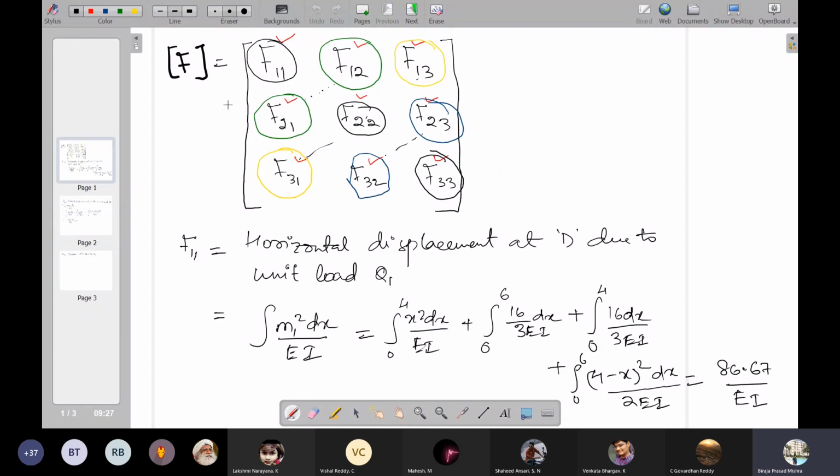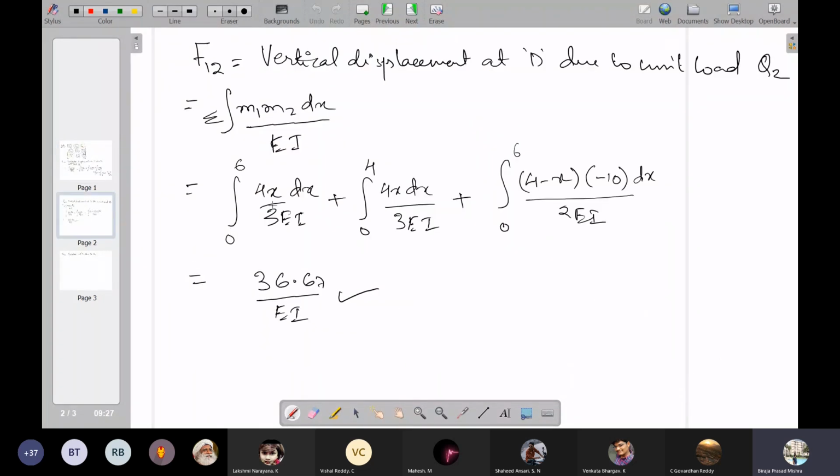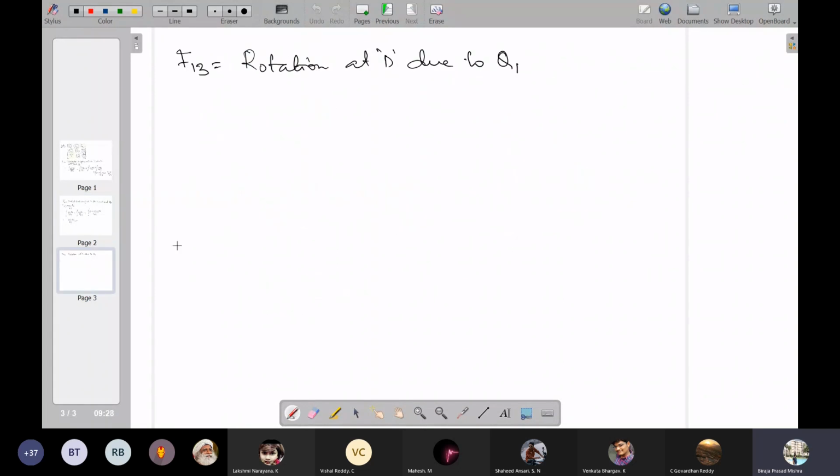This F11 is the horizontal displacement due to Q1, then F12 is the vertical displacement at D due to Q1 only. Then the third one, F13, is the rotation at D due to Q1.